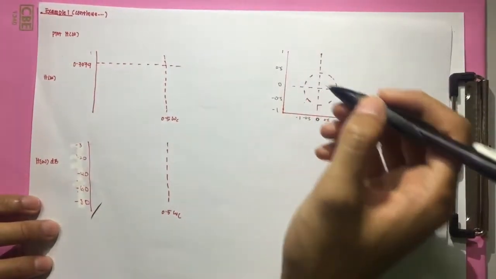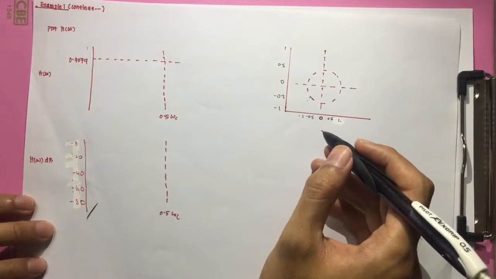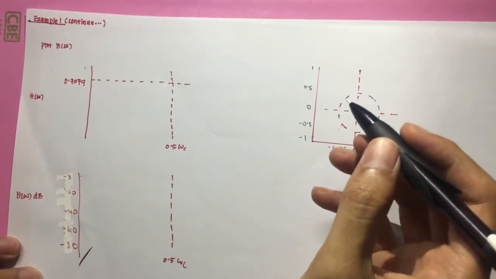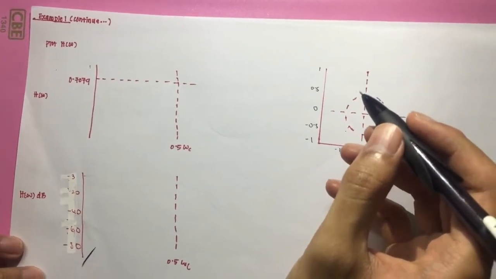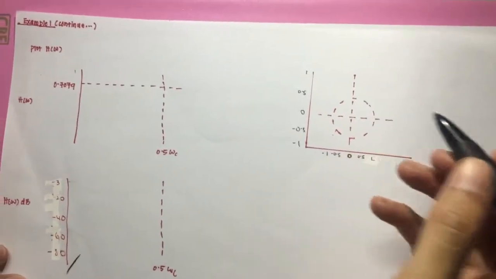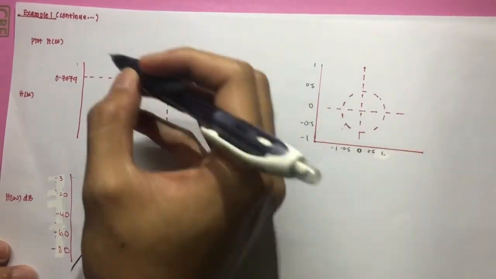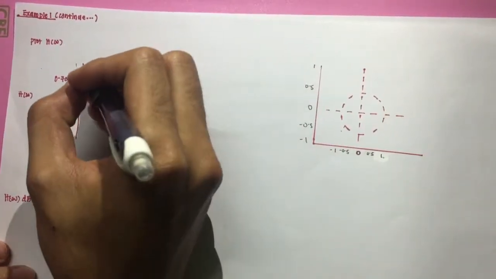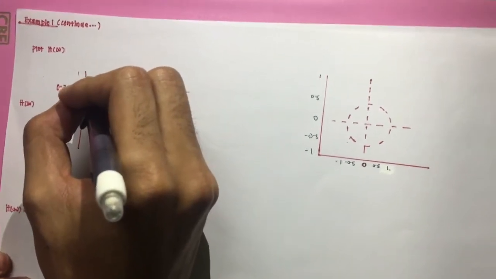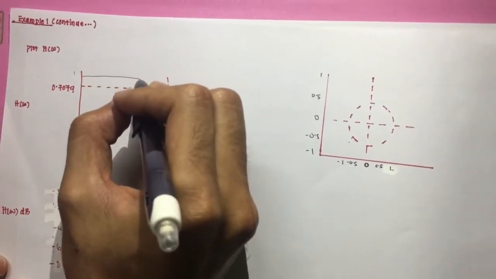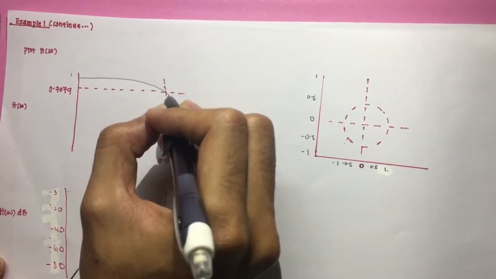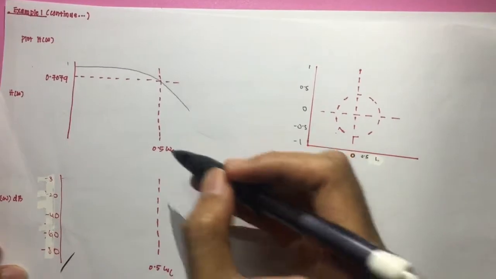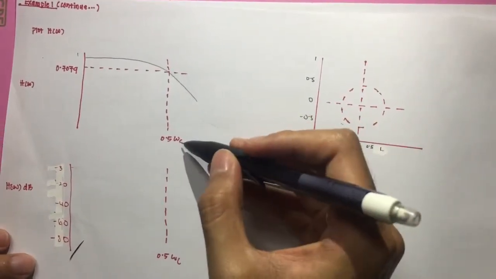Okay, after obtaining the transfer function, now we can plot the magnitude dB plot. So for the first graph, we will show the H omega. Okay, and the intercept of this graph, it will intercept 0.5 omega c right here.